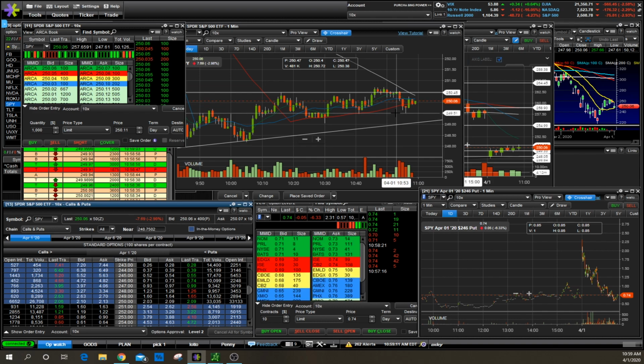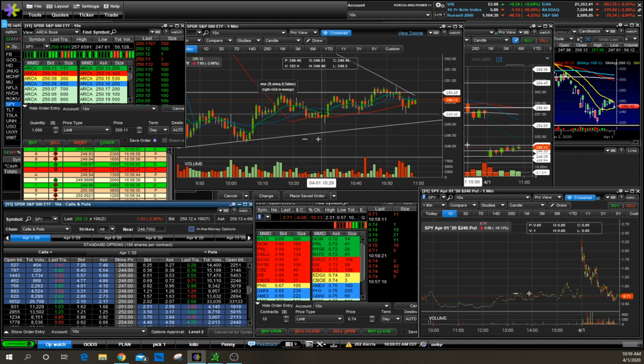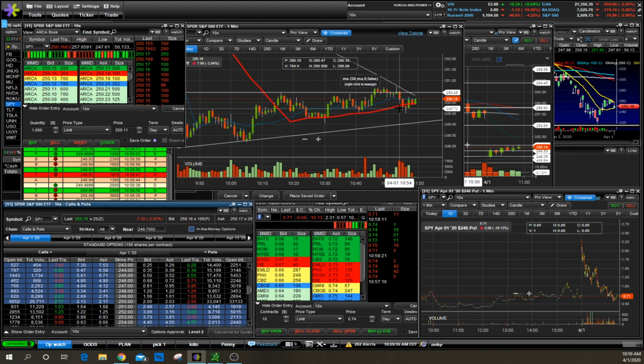SPY here bouncing off some support. I want to see this. I want to see it move.